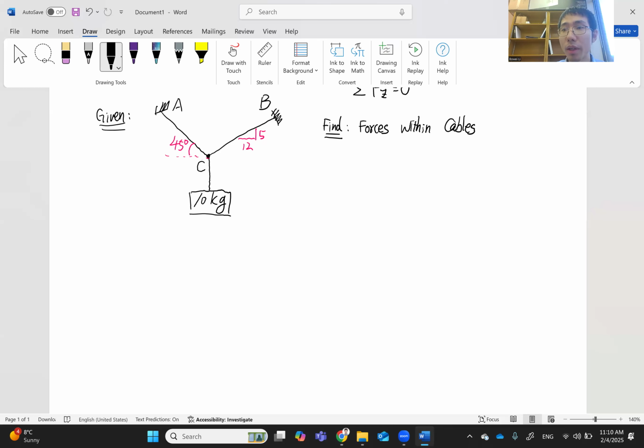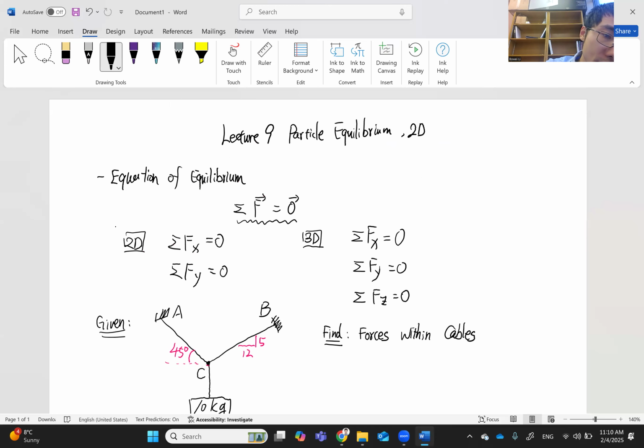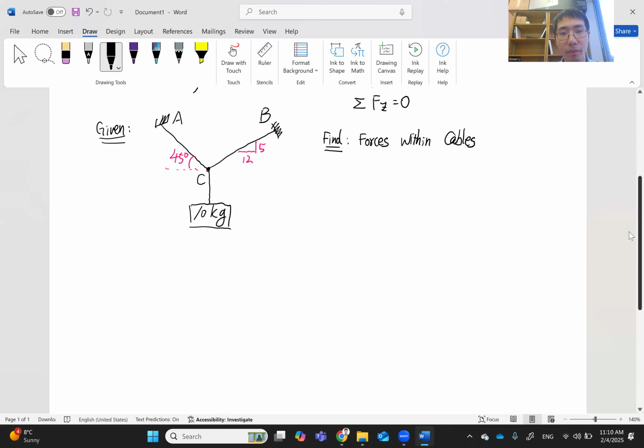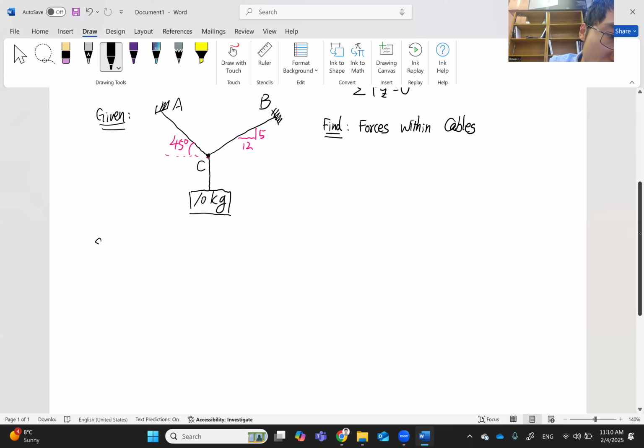So one very important skill is to expose the forces that we want to find out. That is to draw a free body diagram. It is the very start of force analysis.